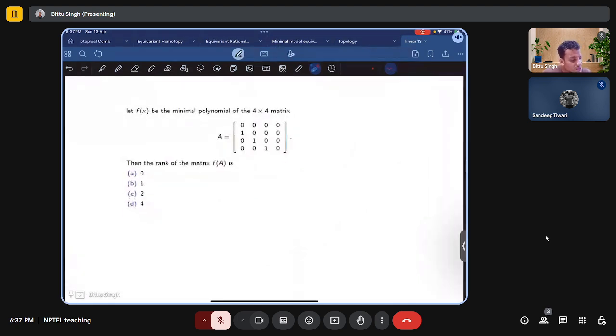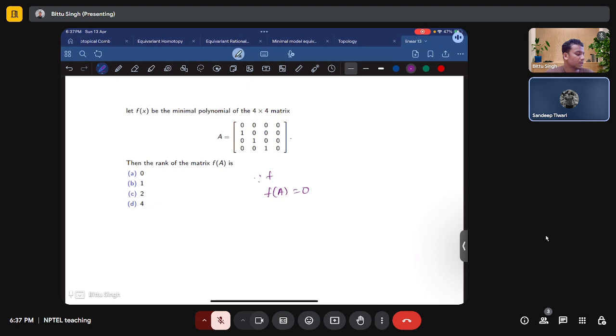Now f(x) is the minimal polynomial of A. Now what about the rank of the matrix f(A)? By definition, f(A) is 0, right?